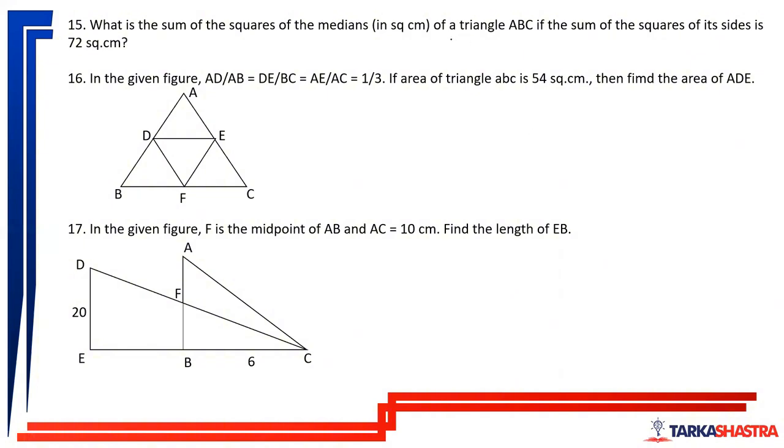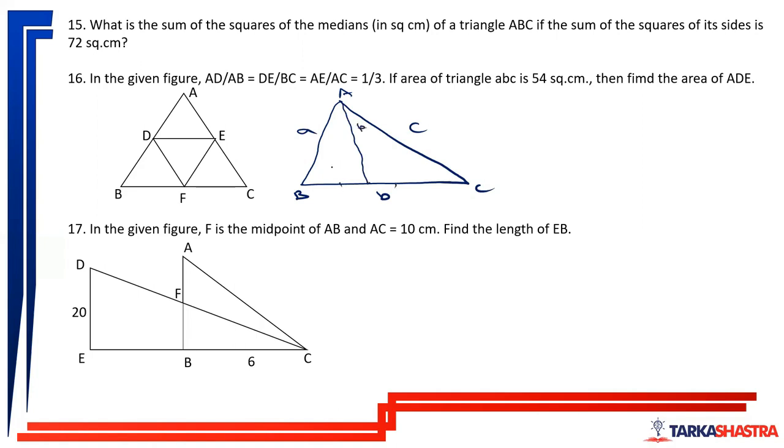Now, let us try to understand the longer method first, followed by the shortcut. We are going to use the Apollonius theorem. A, B, C are the lengths of the sides of the triangle. Now we are drawing the medians.